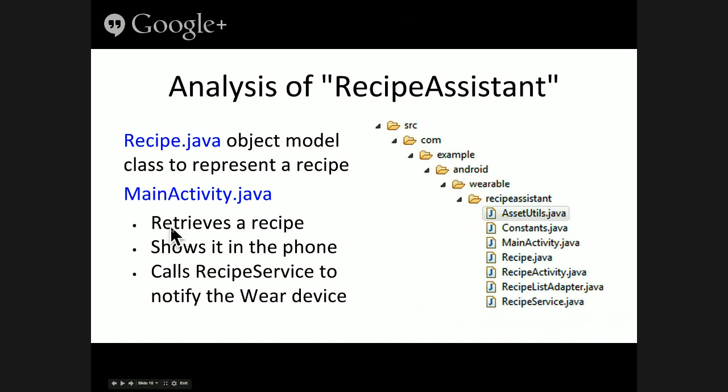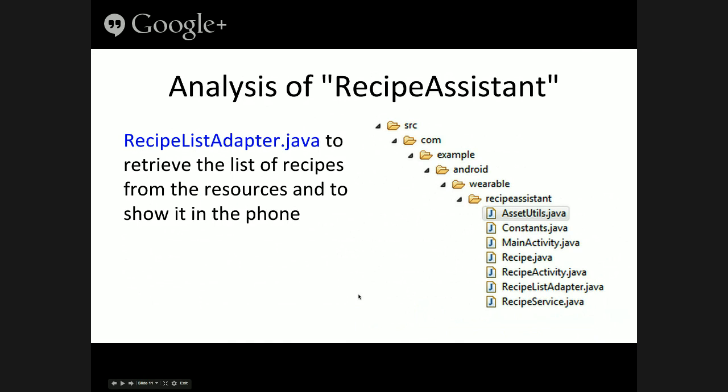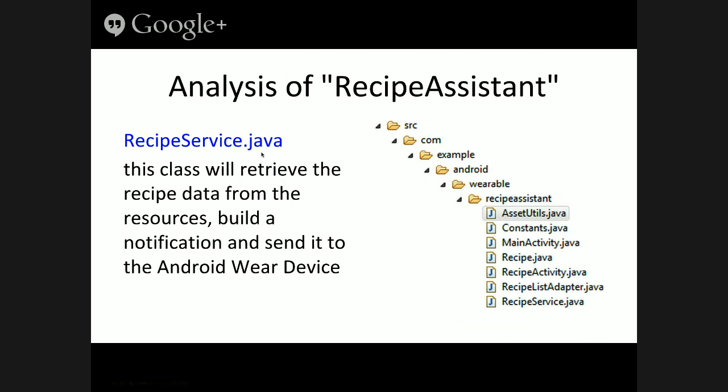Main activity retrieves a recipe, shows it in the phone, calls recipe service to notify the device. List adapter to retrieve a list of recipes. So when the app runs, you'll see a bunch of different recipes, right? So that's a list, and you populate it using a list adapter. Recipe service, this is what talks to the device.